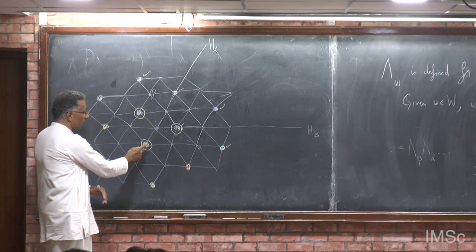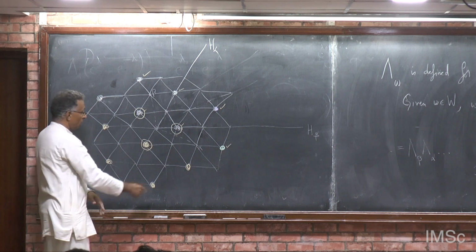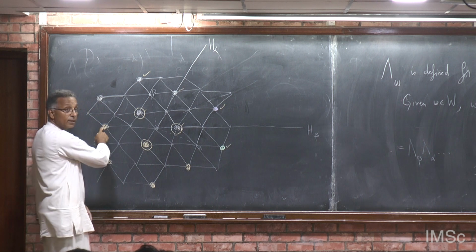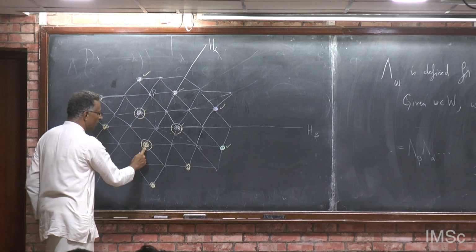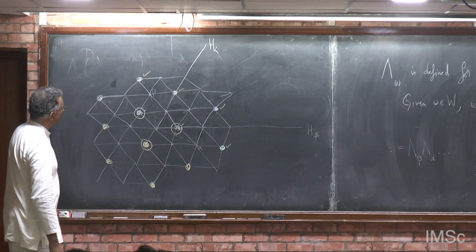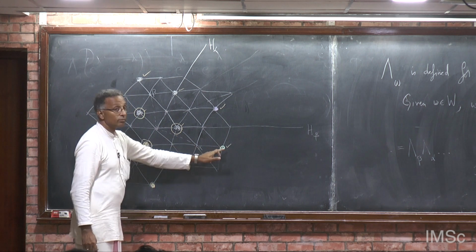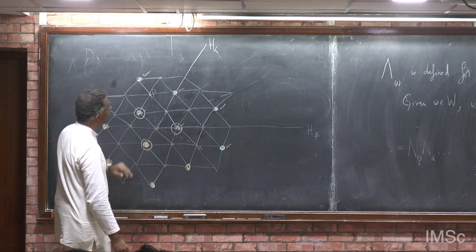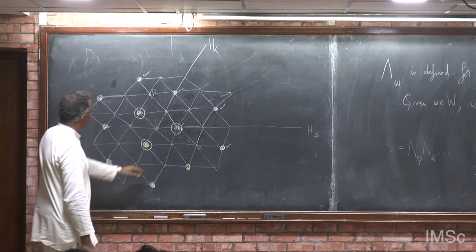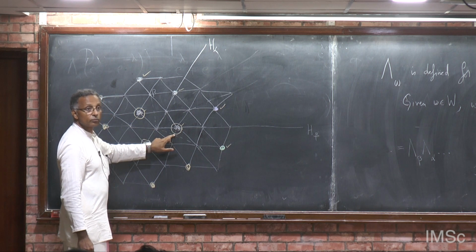This dot will just give me back itself because it's on H alpha. This will give me this, this, and this. So I get this multiplicity too, and I get this back. Now this will give me this whole line, right? That whole line. This will give me these two, correct?